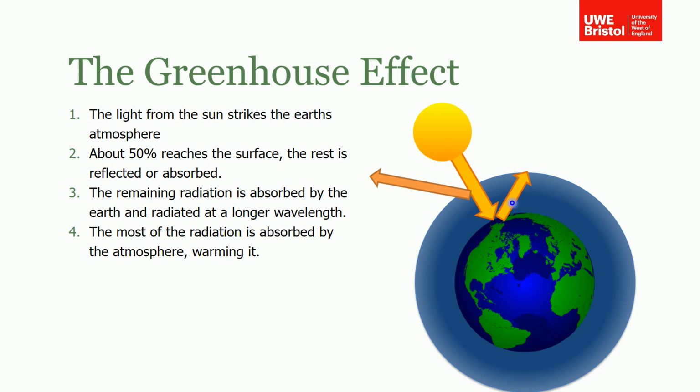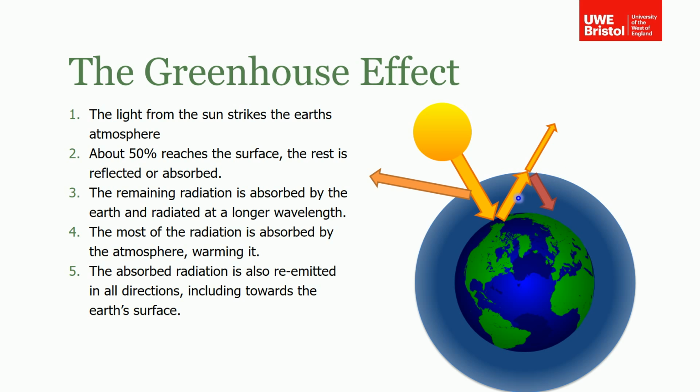So most of the radiation that goes out is absorbed into the atmosphere, warming it, and as a result the radiation that's been absorbed is re-emitted, admittedly in all directions. So a proportion of it will go back out into space, but the majority of it is trapped within the atmosphere, and is emitted in all directions, including back towards the Earth's surface.